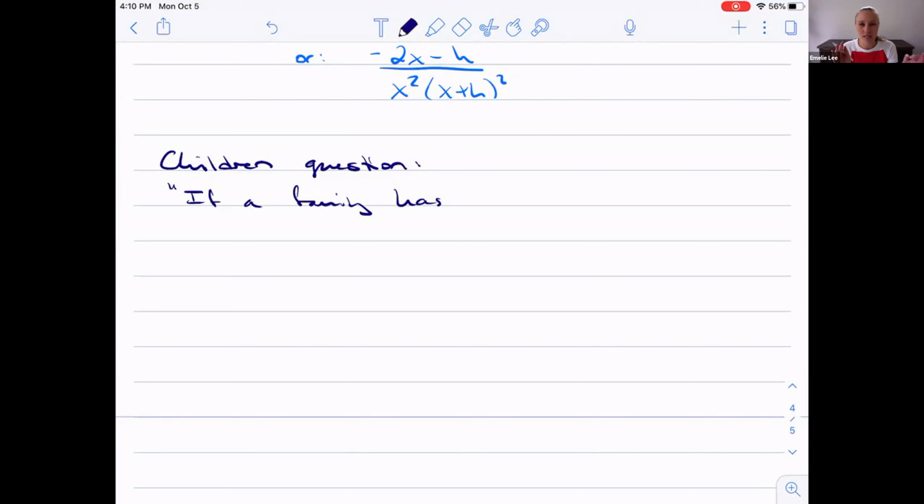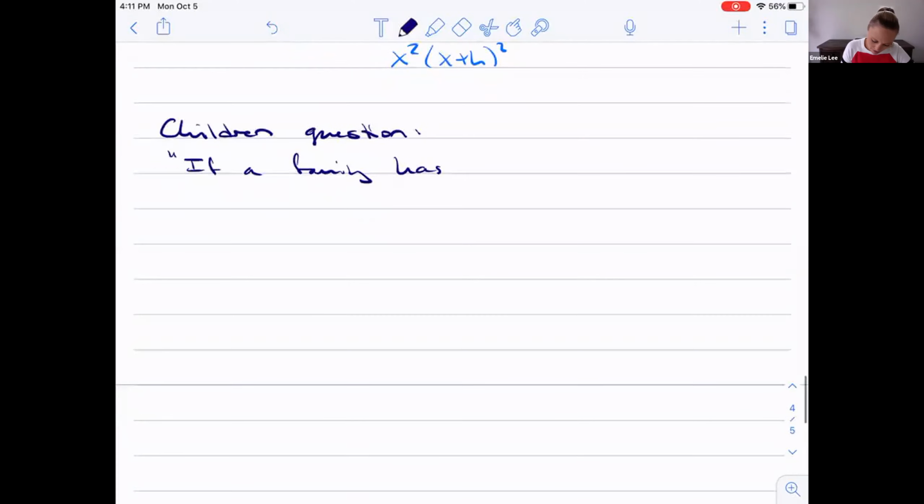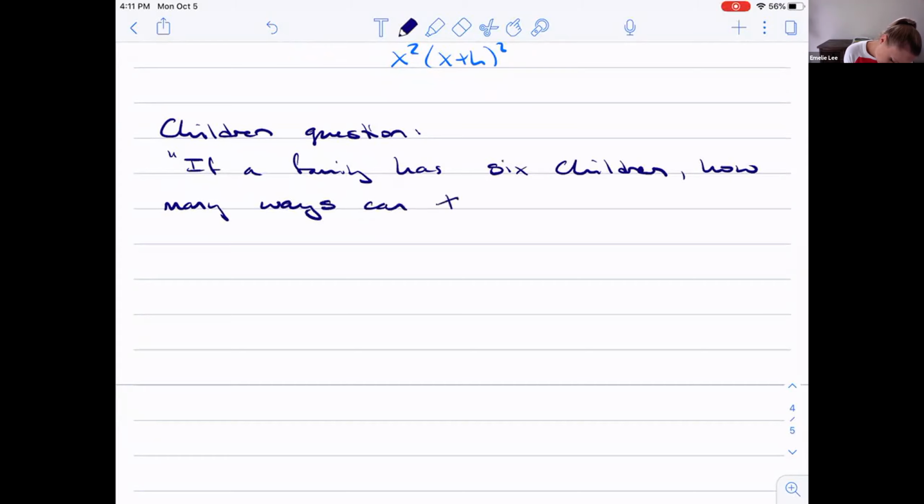The other option would be girl, boy, girl, boy, girl, boy, which would have the same number of outcomes, so you would just multiply it by 2. Okay. If a family has 6 children, make it a nice big number, how many ways can they have, and I'll steal it from here, 2 boys and 4 girls?